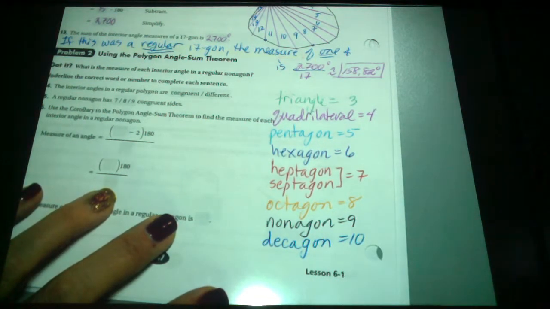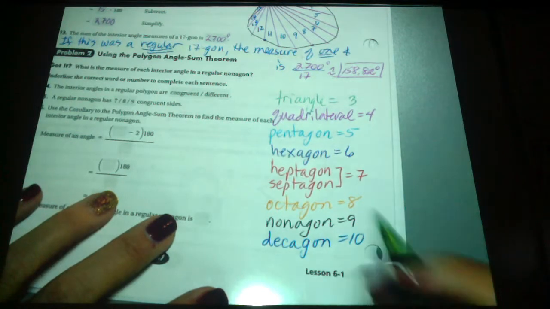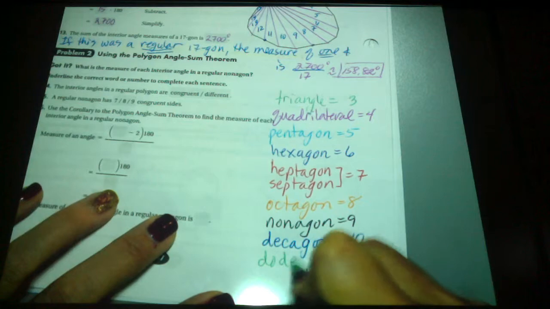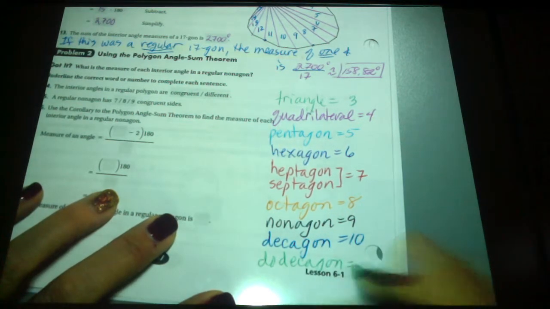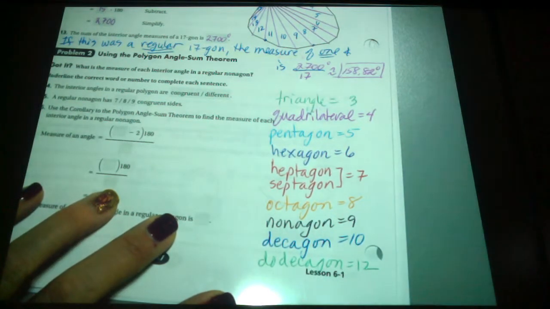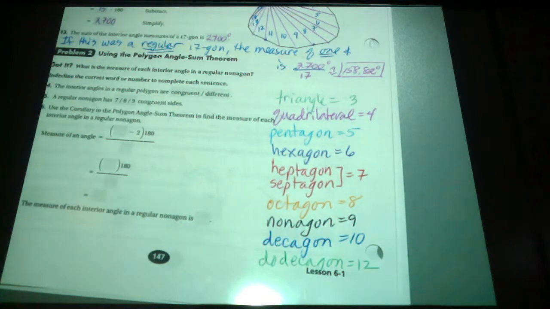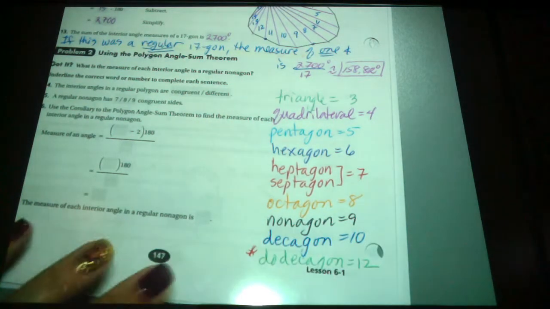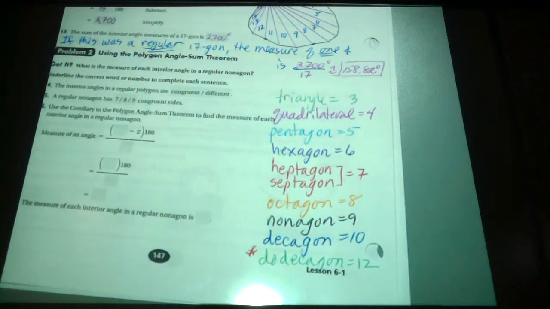And your extra credit question would be, what's 12 sides? Dodecagon. Sounds like a dodo bird, an extinct animal. D-O-D-E-C-A. So this one just might be an extra credit question. There's also an 11-gon, but because dodecagon is used often, I'd like you to know it.